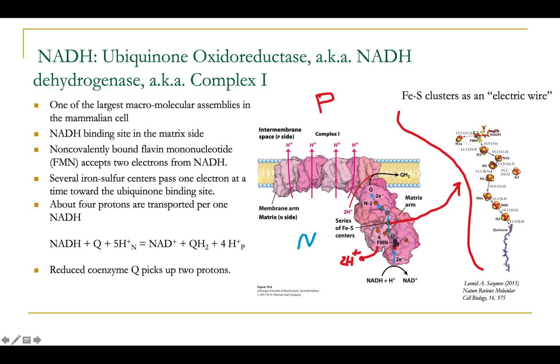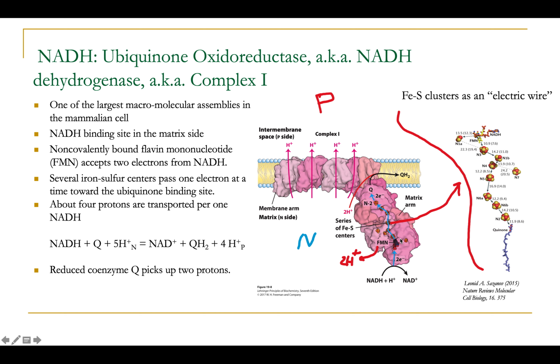The catalytic site that catalyzes the dehydrogenation of NADH, the oxidation of NADH, is located at the very tip of the stalk, and the binding site for ubiquinone, which is used to reduce ubiquinone to ubiquinol, is located at the junction between the membrane arm and the stalk facing the lipid face of the inner mitochondrial membrane.